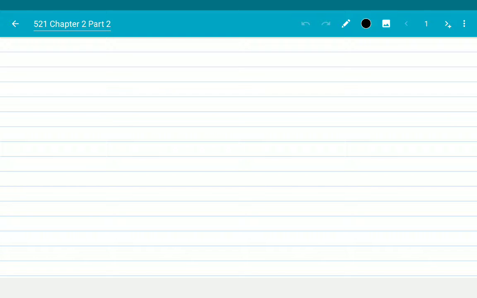Okay, so if you haven't taken linear algebra or if you have forgotten what a vector space is, this is the definition. Let F be a field.